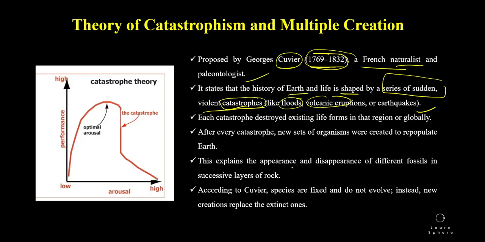This explains the appearance and disappearance of different fossils in successive layers of rock. According to Cuvier, species are fixed and do not evolve. Instead, new creations replace the existing ones.